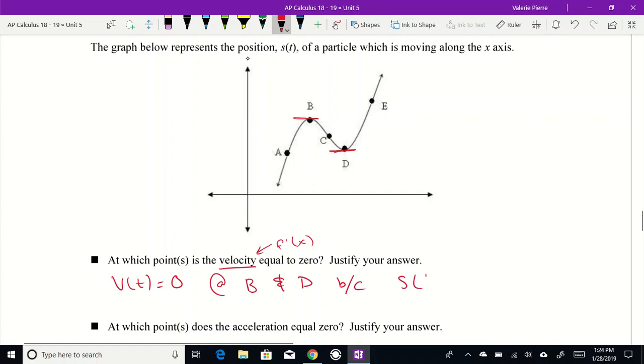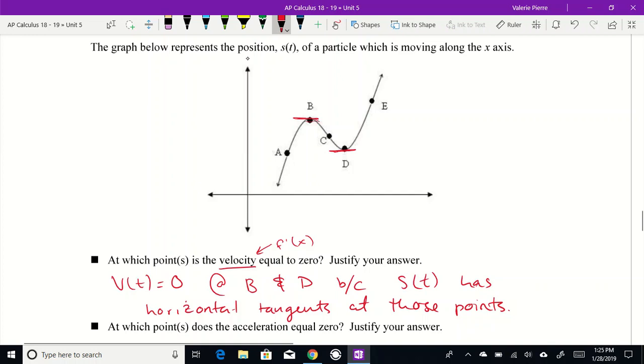Because S of t has horizontal tangents at those values, at those points. Okay. So at what point does the acceleration equal 0? So the acceleration equals 0 in between those horizontal tangents.